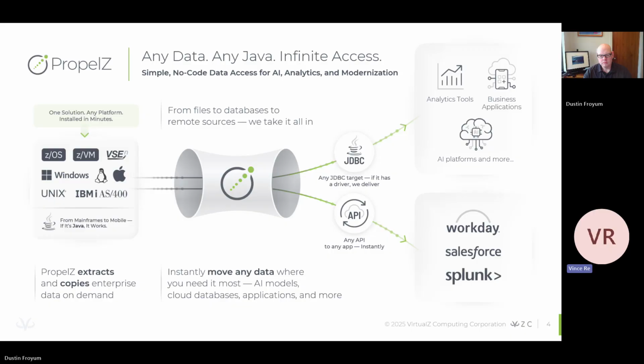On the other side of it too, one of the interesting things that we do is, sometimes we hear, I have this binary file I need to get into a database for, I don't know, I'm going to import the data into an AI application or something like that. But I don't need all 200 fields. And in fact, there might be sensitive data in that record that I'd like to filter out.